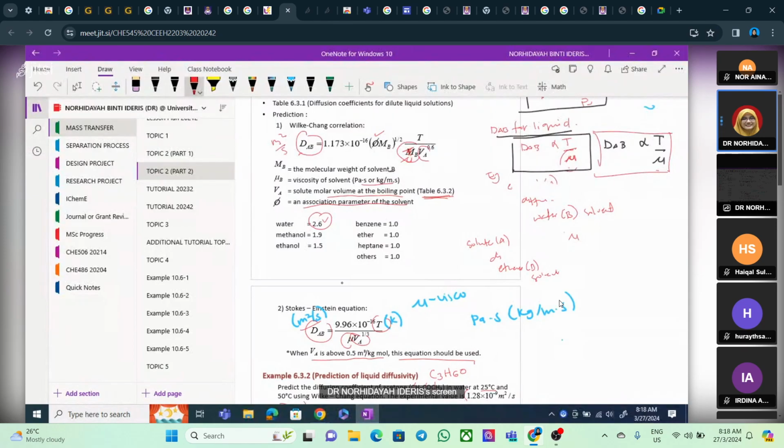But let's say that the soalan is not given. Okay, you need to look up if there is a common process, then you can take a look inside table 6.31. Kalau tak ada juga dekat dalam table 6.31 ni, ataupun kalau ada tapi dia punya temperature berbeza, tak boleh guna kan, kamu kena guna equation sama ada Wilke-Chang atau Stokes-Einstein here.